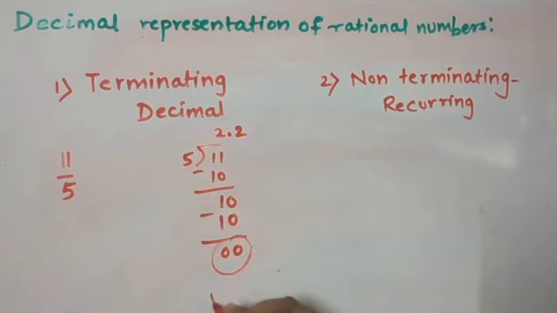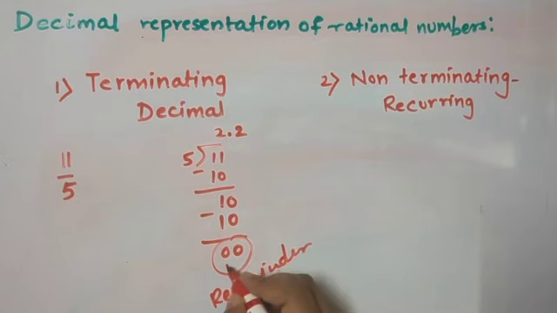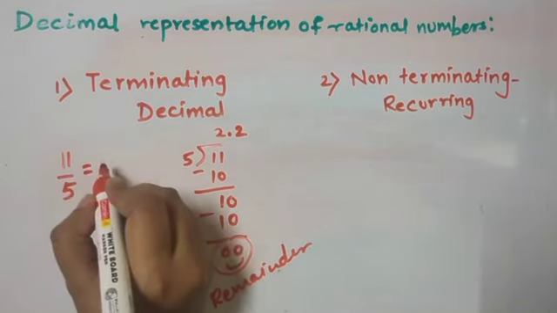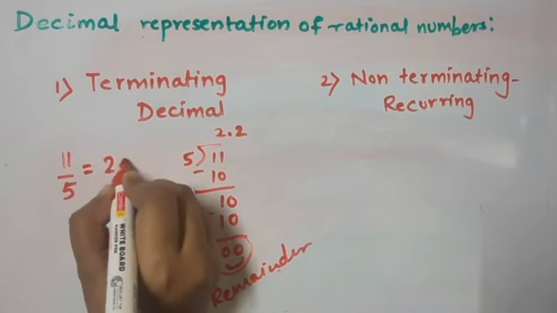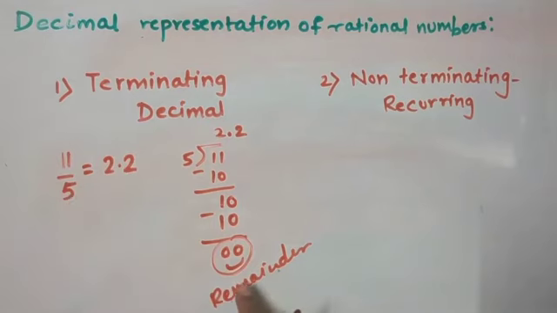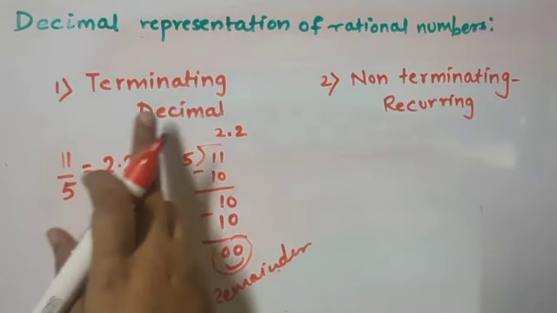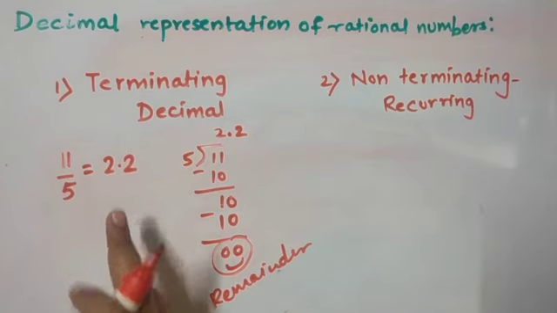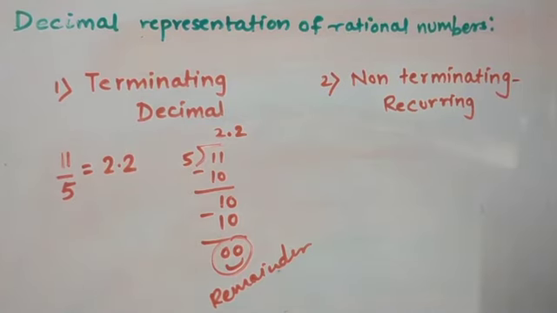So we are getting remainder 0. If the remainder is 0, then this type of decimal representation is called a terminating decimal.